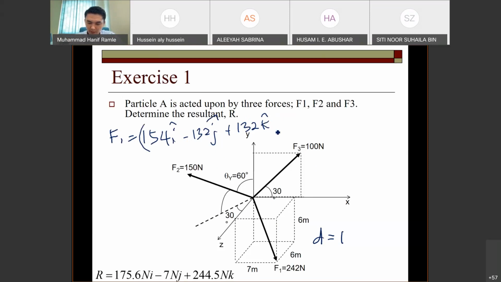So this is the answer for F1. Everyone, please check your answer. Is it the same or not? If not the same, please say here. Okay, Junaid said yes, same.